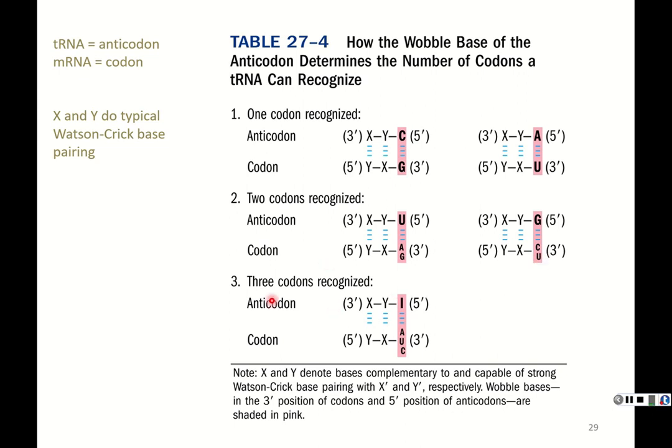And three codons if there's that special base I there; it can bind A, U, or C. So that's why you see the differences in the number of codons that can be recognized.